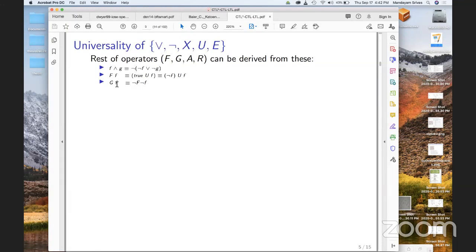So you can reduce G to F. AF F is true follows from the universal to existential duality. If you insist that F holds on all the paths, then it should be the case that there doesn't exist any path on which not F is true, and then AF F is true.